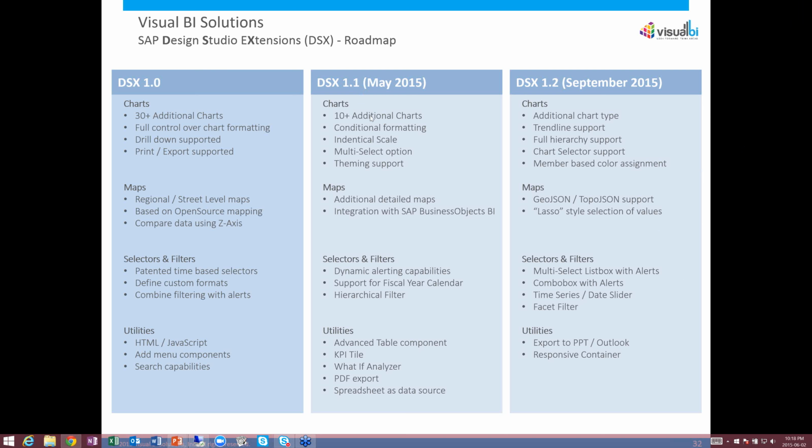Right now, our components support Design Studio release 1.3, 1.4, and 1.5. Those are the releases, and the Business Objects version that SAP supports for these releases is what we also support.